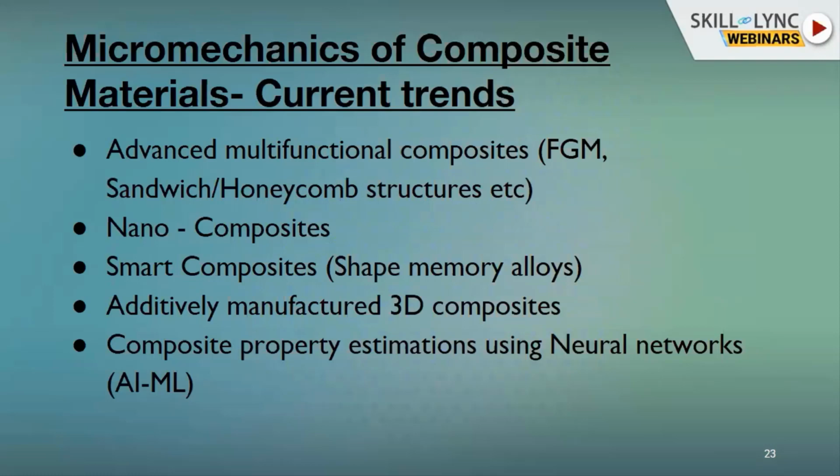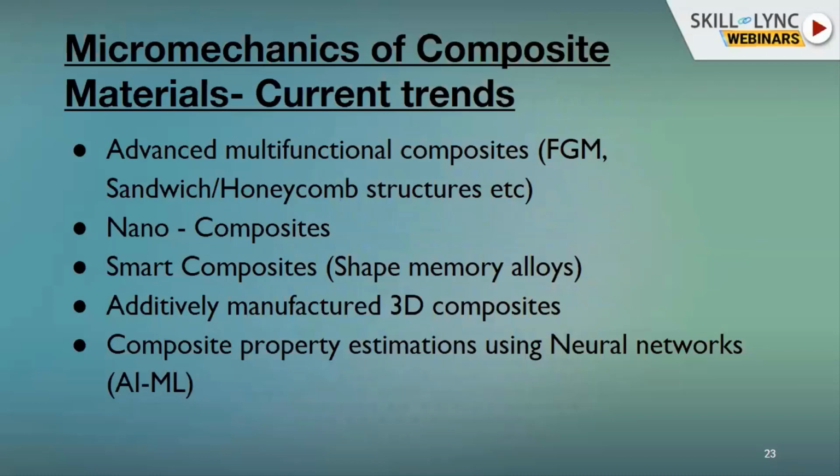When the advent of composite materials was happening, it was developed with one main function, that is, improving the strength and load carrying capability of the composite. But nowadays some of the advanced composites come with multifunctionality, that is, they can have good strength as well as a secondary function such as thermal management.